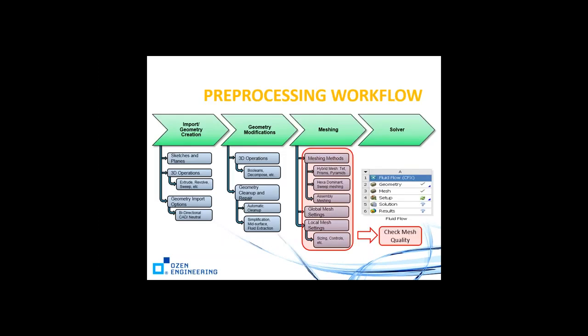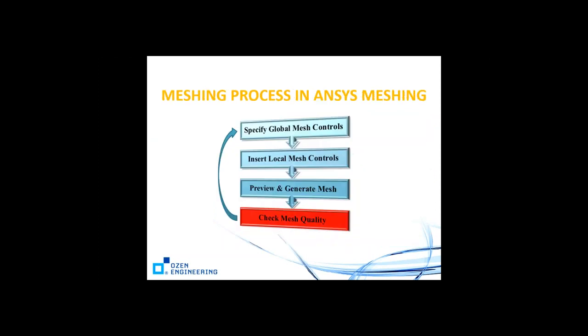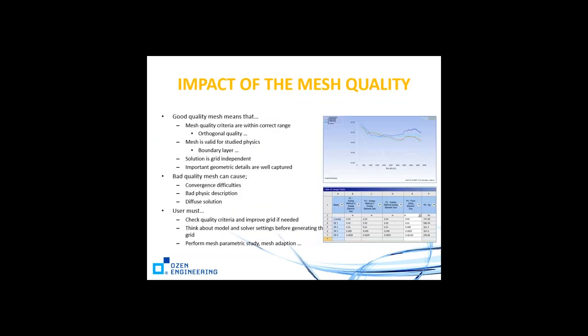Okay, so when you're done with meshing, you just check the mesh quality. Why is it important to check the mesh quality? Because as you see here, if you're doing a CFD problem and you have a bad mesh, your residuals will never converge. If you see that type of activity, it's highly likely that you have a bad mesh, or a few cells, a few elements in your mesh, that may cause that convergence problem.